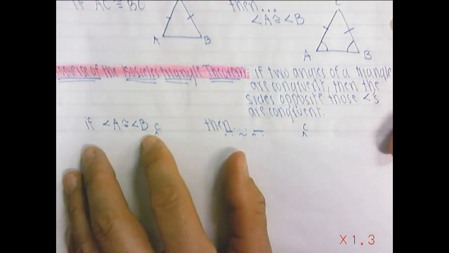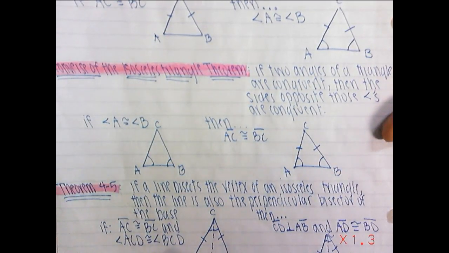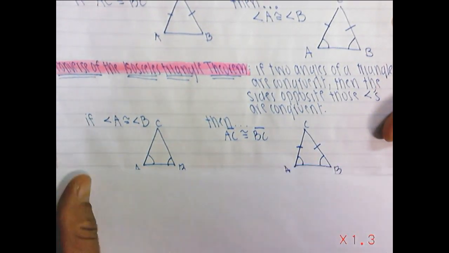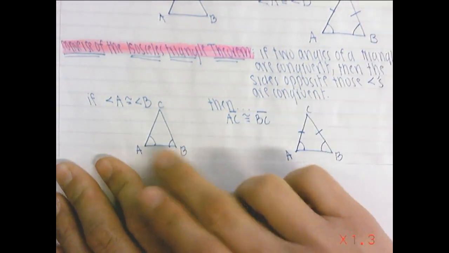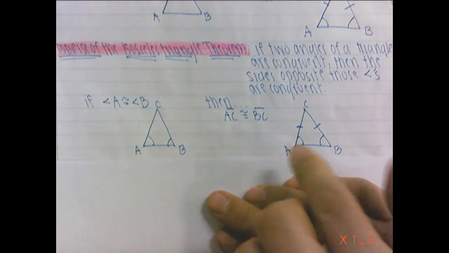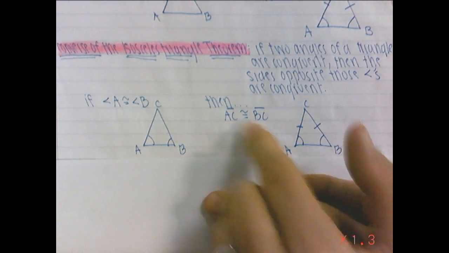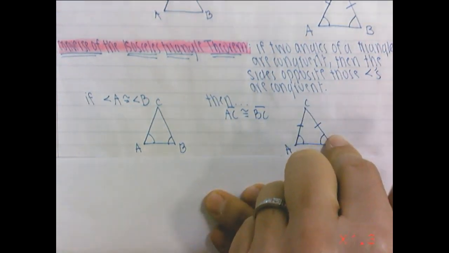If angle A is congruent to angle B, these two angles are congruent, then because of the converse of the isosceles triangle theorem, we can now state that AC is congruent to BC.